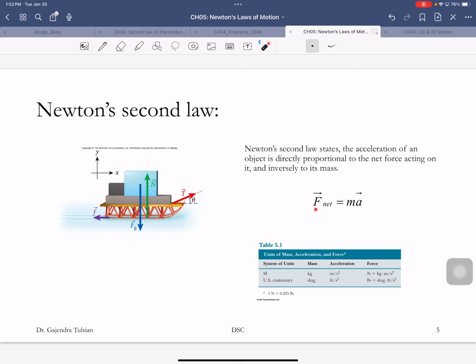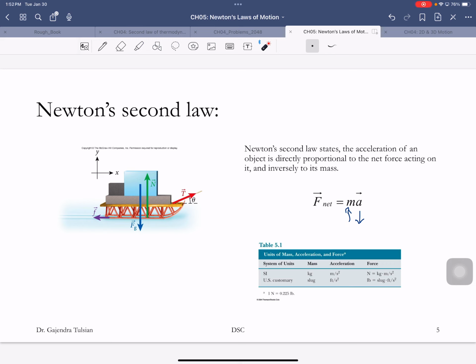So what he's saying is, if you apply this much force, the greater the mass, the smaller the acceleration of the object. So mass resists acceleration. And what is acceleration? Acceleration is change in motion, change in your velocity.